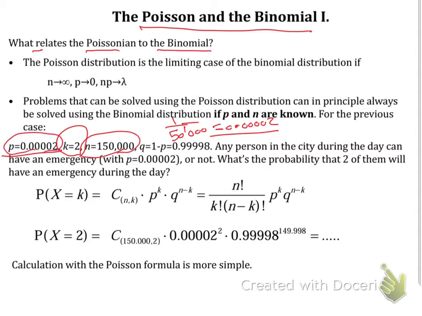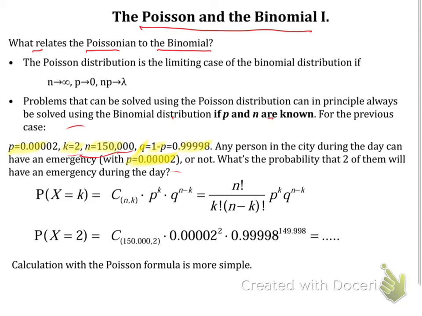This means that Q, the complementary 1 minus 0.00002, will be 0.99998. So I can get Q as well. So I have P, I have K, I have N, and I can calculate Q equals 1 minus P. Any person in the city during that day can have an emergency case, and this is its probability.